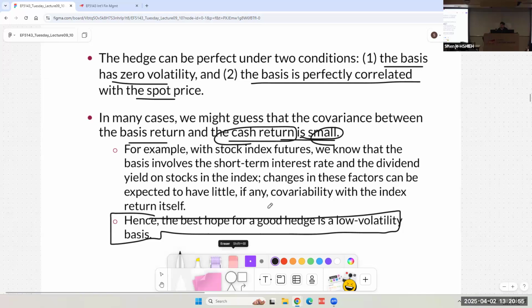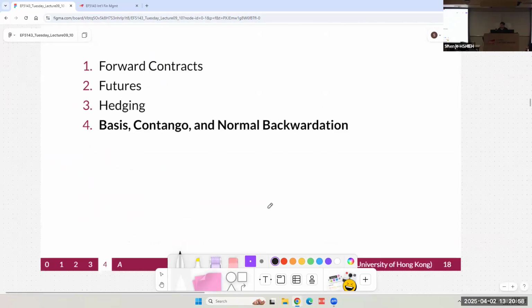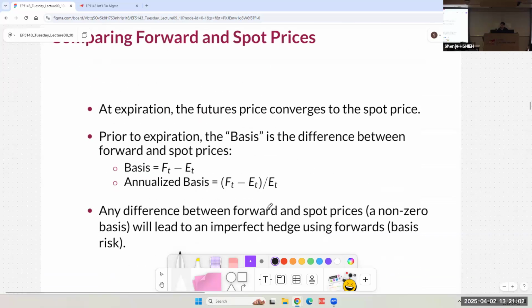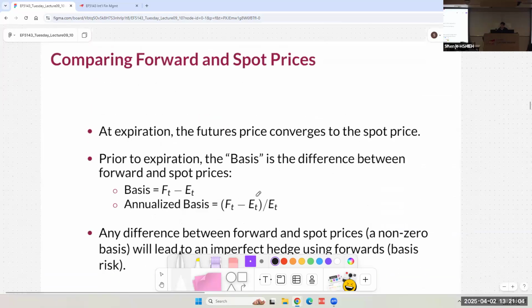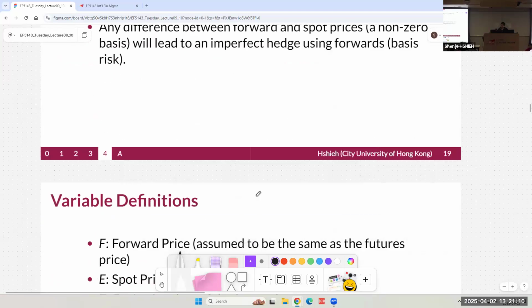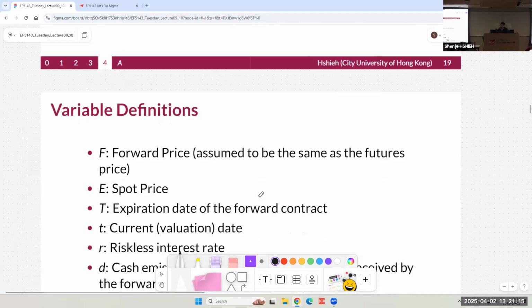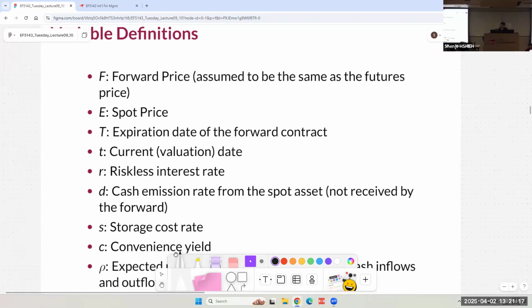All right, before we take a break, let me go back to something you're all familiar with. We're going to talk about the futures spot parity, which you may have seen in your derivatives class. If not, let me tell you the equation to price futures contracts in general.